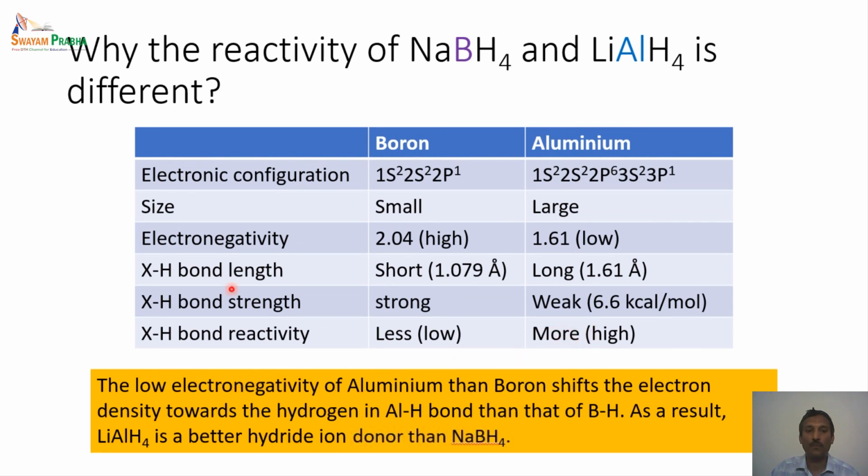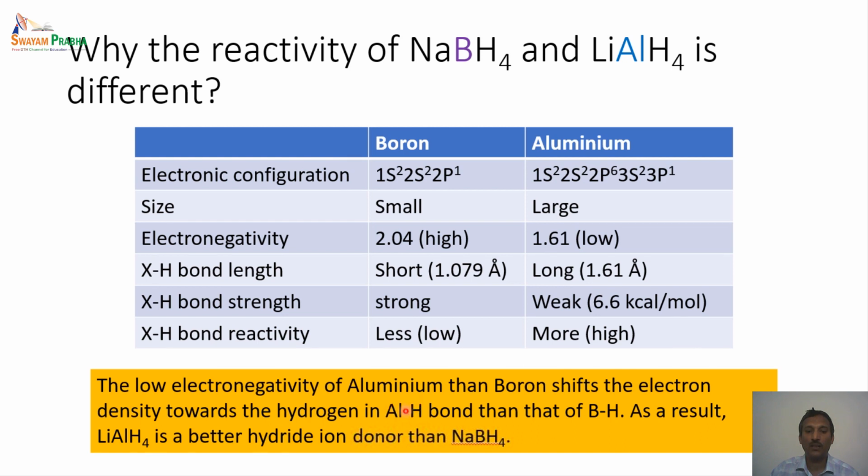So if we compare between the electronegativity and the bond strength, what we can conclude is the low electronegativity of aluminium compared to boron basically shifts the electron density towards the hydrogen in the AlH bond.